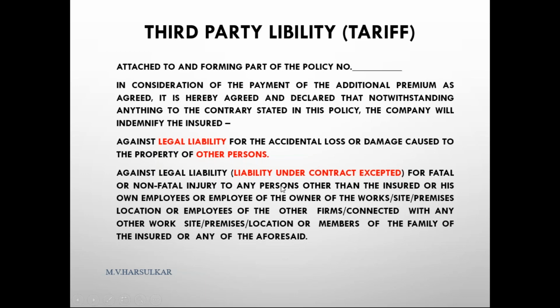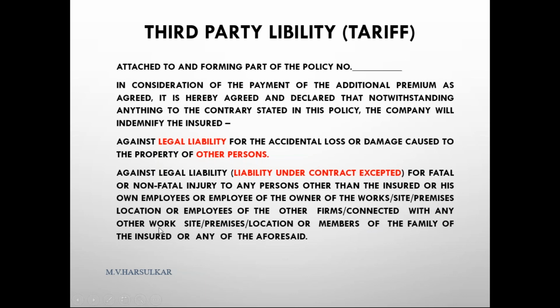Then other persons in the premises, that is, non-fatal injuries to any person other than the insured or his own employees, or employees of the owner of the works. If it is a multiple occupancy site, the owner of the work's employees, or employees of other firms connected with any other work site or premises. In project policies, there may be many contractors working.